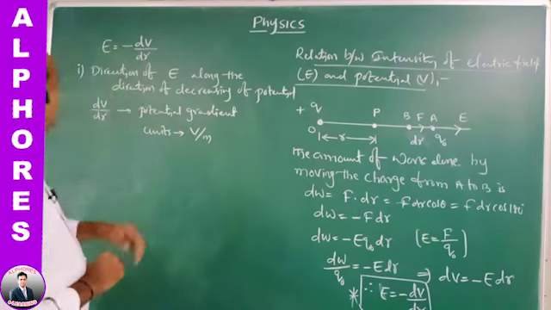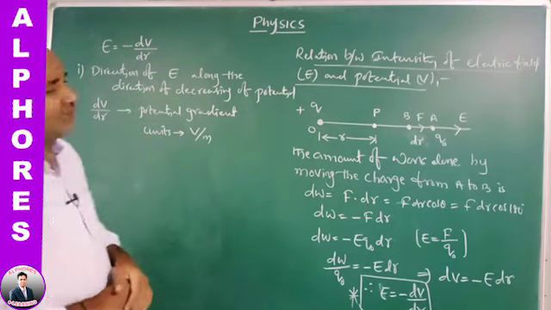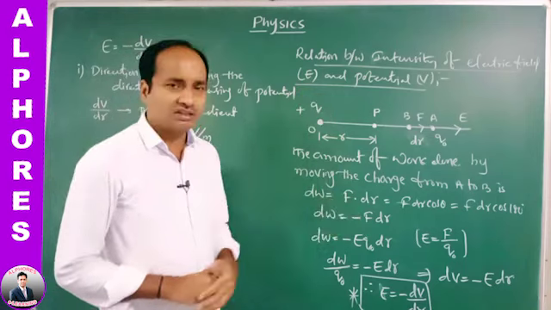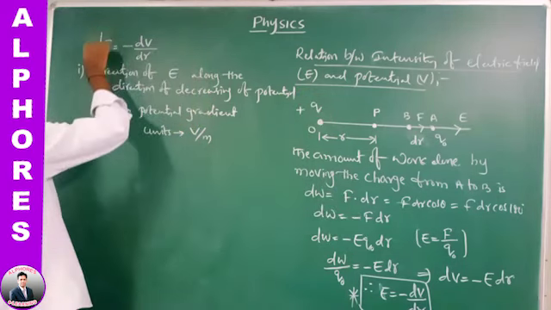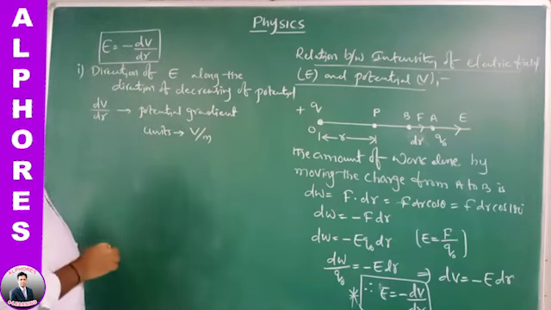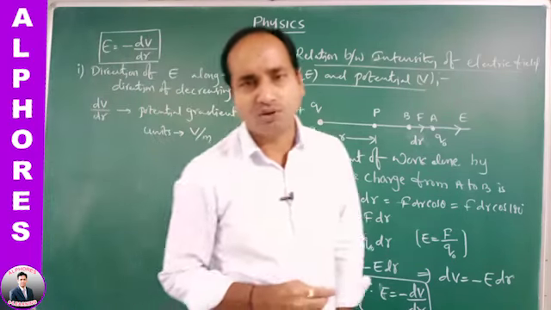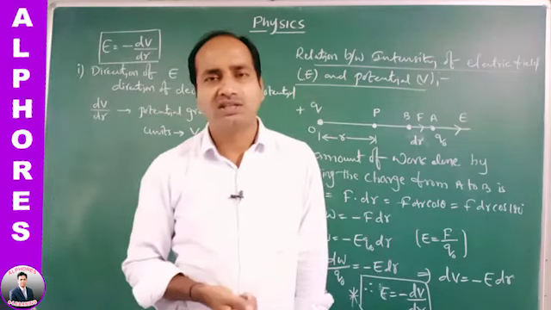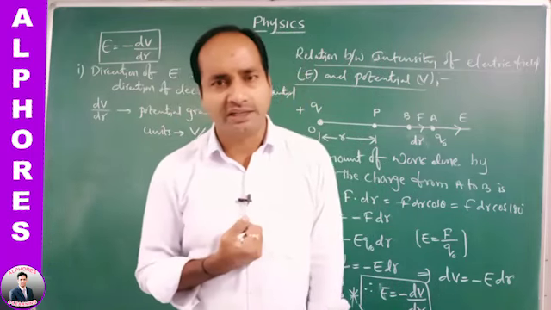Okay. So this is about a relation between intensity of electric field E and potential V. What is the relation here? E is equal to minus of dV by dr. This means the magnitude of the electric field is numerically equal to the negative potential gradient.